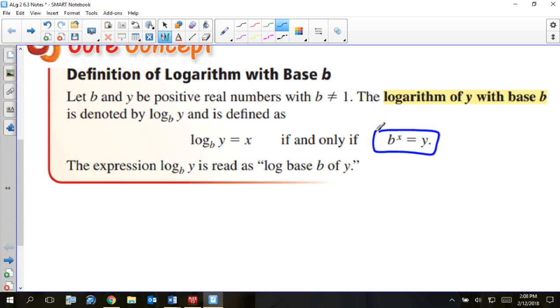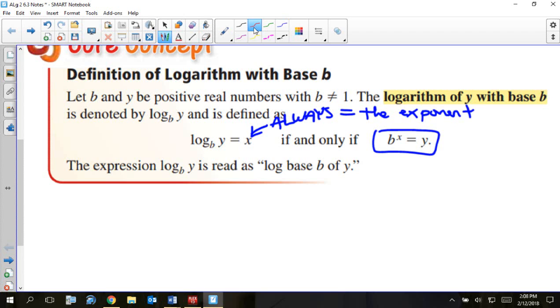And what logarithms always equal, you can see right here, it's the x, what logarithms always equal is the exponent. Always.